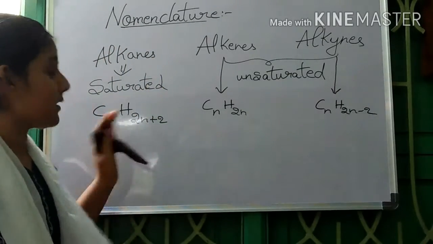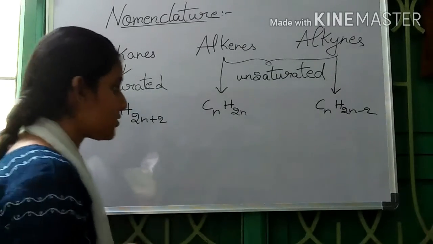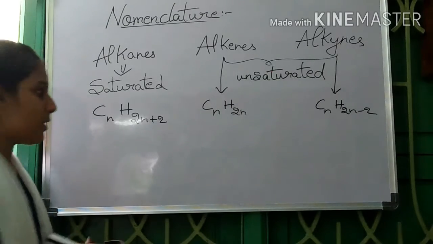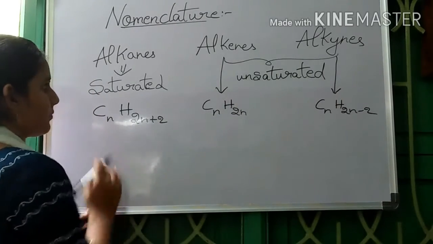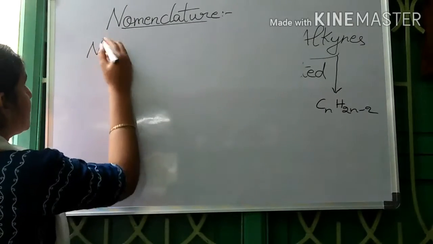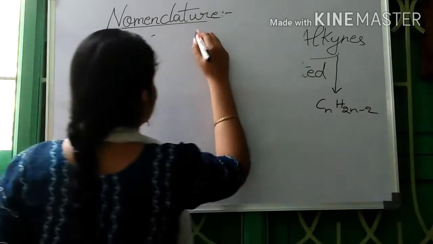To name an alkane, alkene or alkyne, first we need a root word. It changes according to the number of carbons.